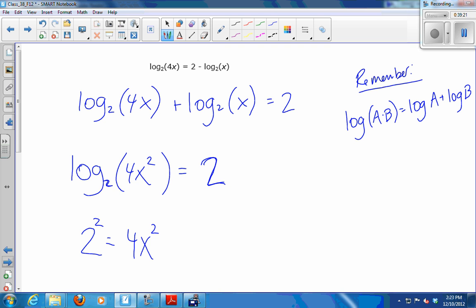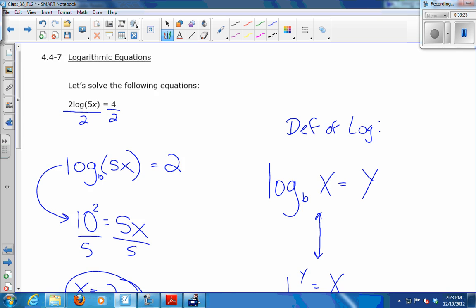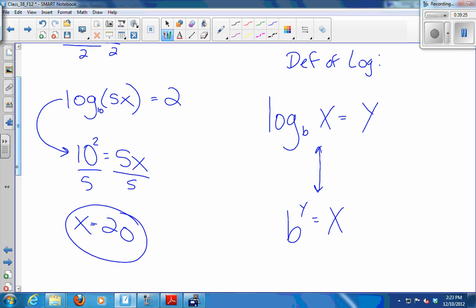So the log goes away. I'm using the definition of a log that says log base b of x equals y is the same thing as b to the y equals x. It's like writing a sentence using synonyms. It's the same meaning, different symbols.